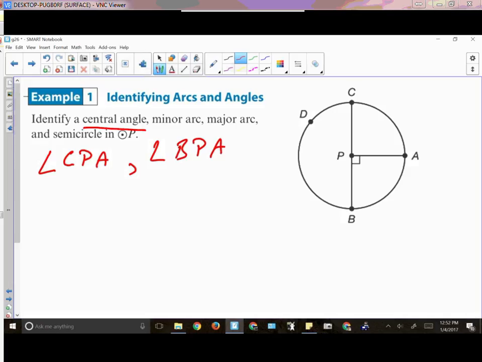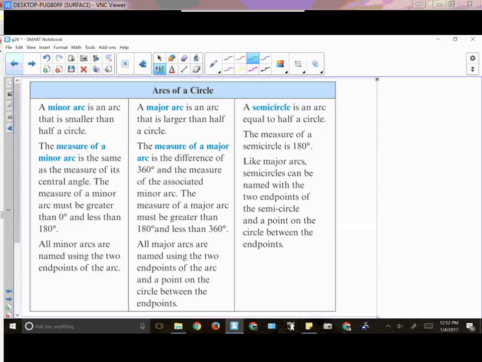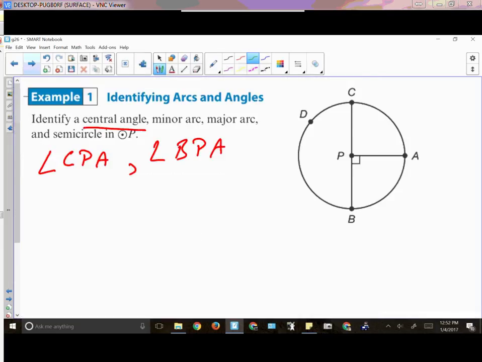What happens if I want a minor arc? What would be a minor arc? Well, okay. A minor arc is an arc that is smaller than half a circle. So that means I could have arc AC.